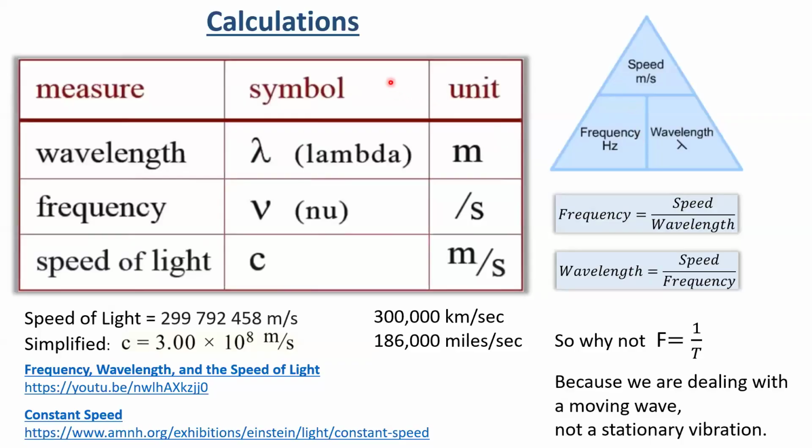All right, as far as the calculations, let's see here. The wavelength is represented by the Greek letter lambda, and it looks like this. The unit of the wavelength is meters.